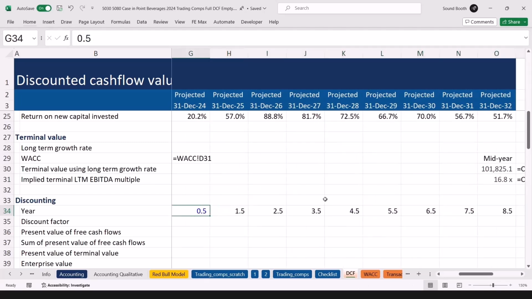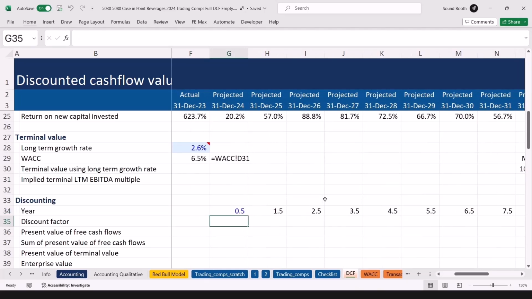Then the discount factor. If we think about a discounting equation, most people will think a present value is equal to a future value divided by 1 plus the discount rate to the power of the year number. However, that formula can be rewritten, because the present value is also equal to the future value times 1 divided by 1 plus the discount rate to the power of the year number.